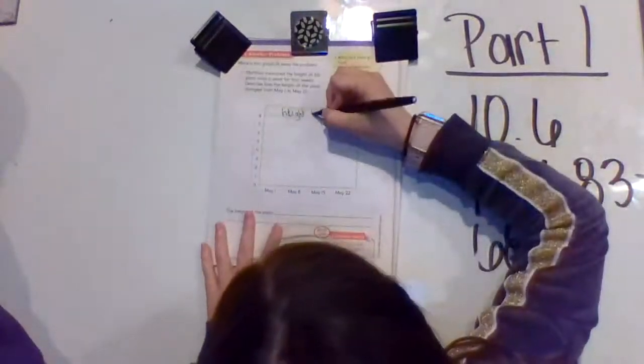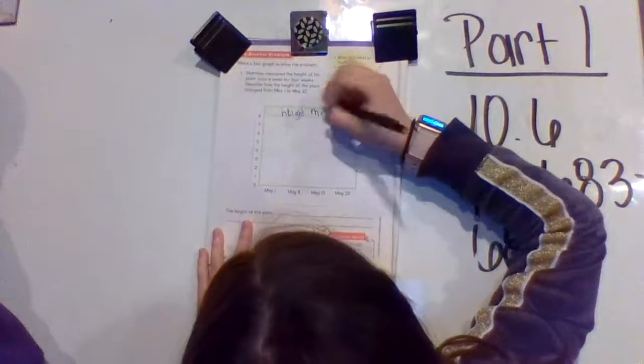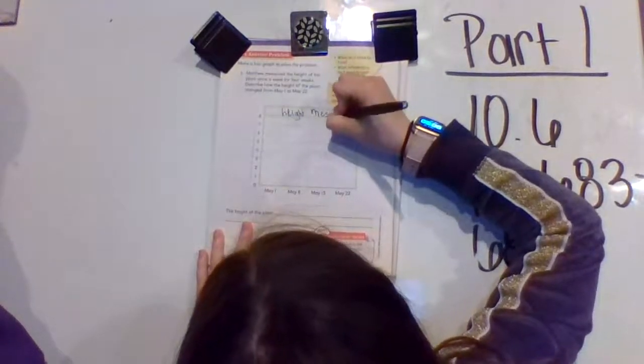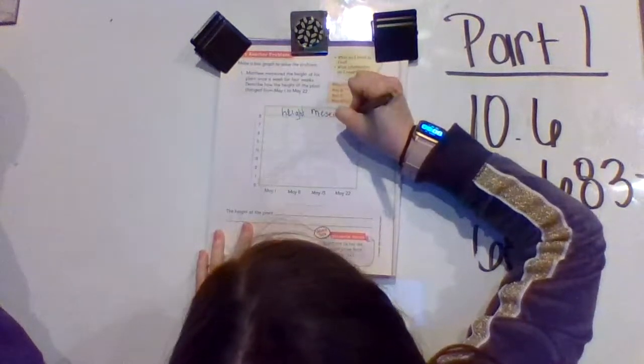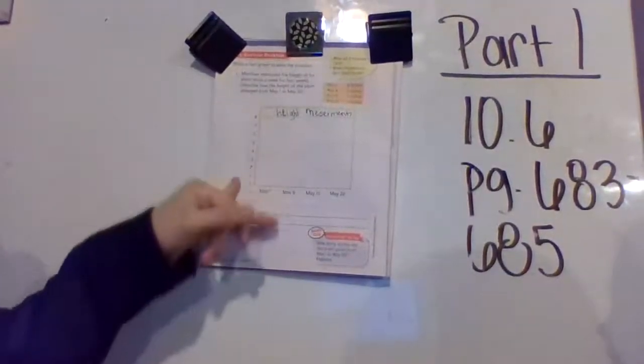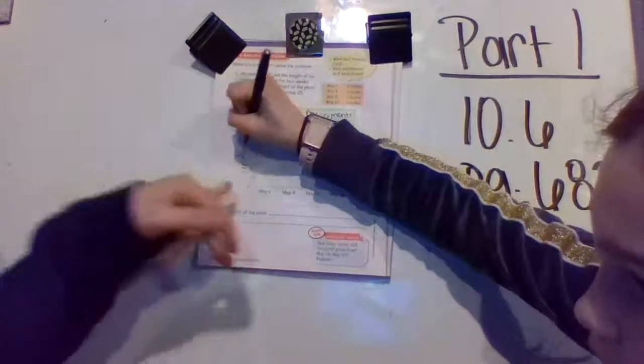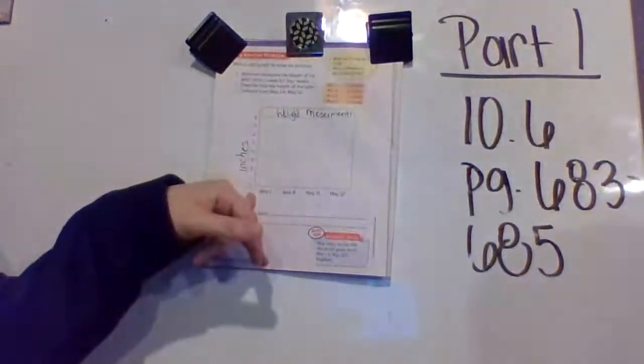Measure. All right, and then along the side, these would be the amount in inches. So you could just put inches. So this is how many inches the plants grew.